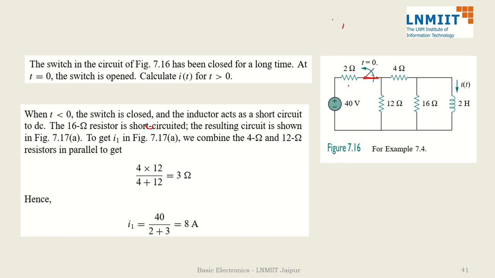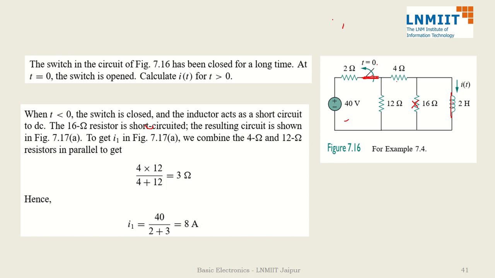Now before t equal to 0, for infinite time, this switch was closed. That means DC conditions are prevailing at t equal to 0 minus. So at t equal to 0 minus, the inductor is behaving like a short circuit. This is closed. If this is a short circuit, nothing will go in the 16 ohm.